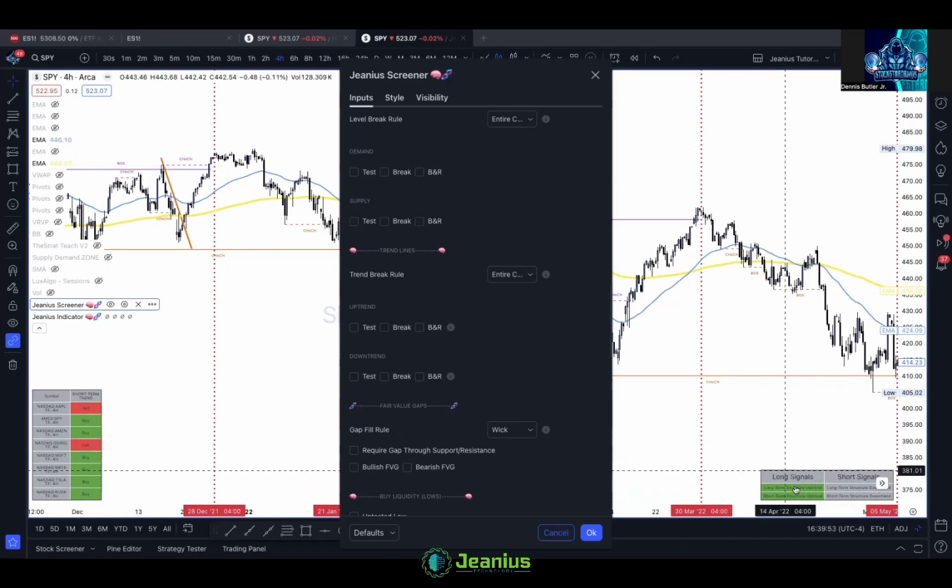So whatever confluences I have on my indicator, I make sure those confluences also align on my screener, so that if I'm paying attention to one stock and looking for my strategy using my indicator, I'm also making sure that same combination is input on my screener and it's showing me those confluences pop up as one.